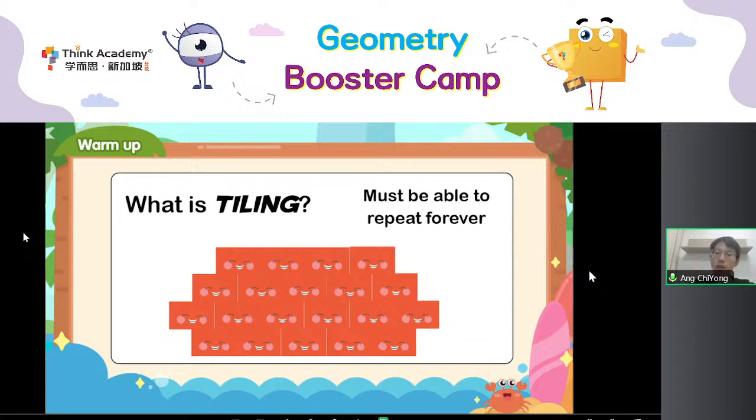Now you may have spotted this kind of pattern before in your home, in the mall, in nature maybe. I will show you guys later. But tiling means we put one small shape and we put them together neatly. No gaps, no overlaps, and repeat forever.